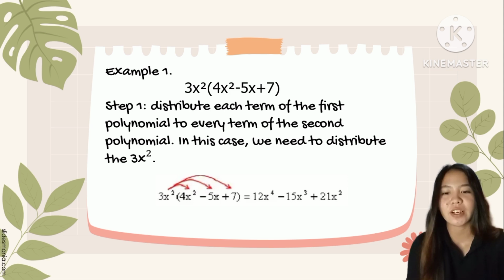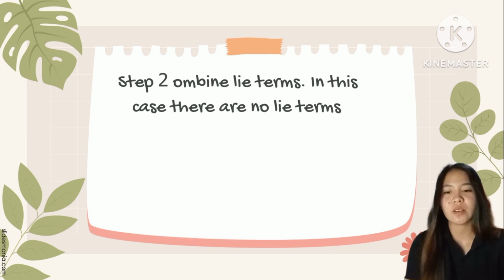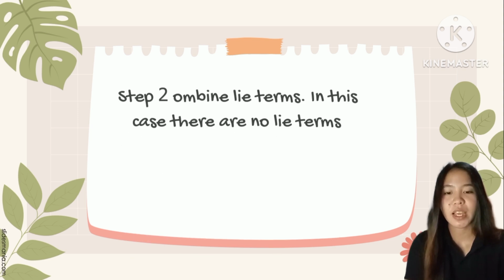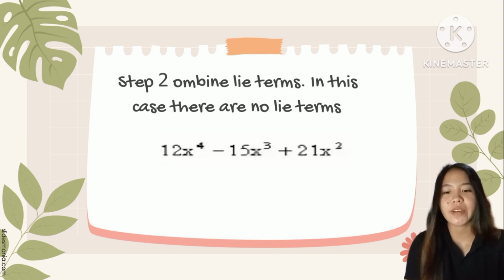So the final answer of 3x squared times 4x squared minus 5x plus 7 is 12x raised to 4 minus 15x cubed plus 21x squared. Okay, step 2, combine like terms. In this case, there are no like terms. So our final answer is 12x raised to 4 minus 15x cubed plus 21x squared.